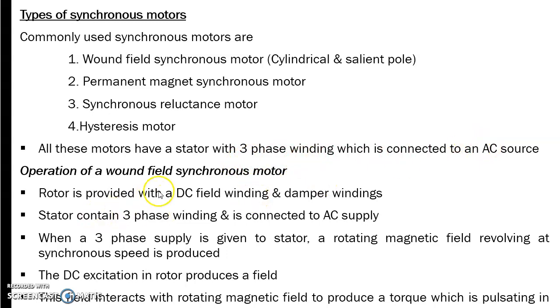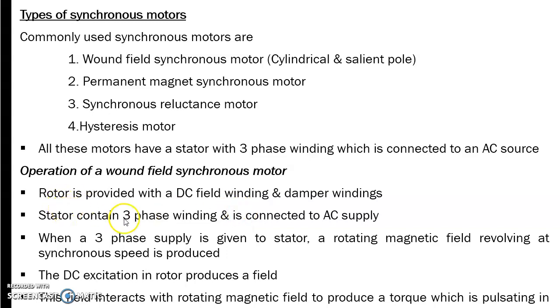And basic operation of a wound field synchronous motor. I will give you few points regarding this, and in detail you can refer any machine's textbook. Here in a wound field synchronous motor, rotor is provided with a DC field winding and a damper winding. This is for starting.